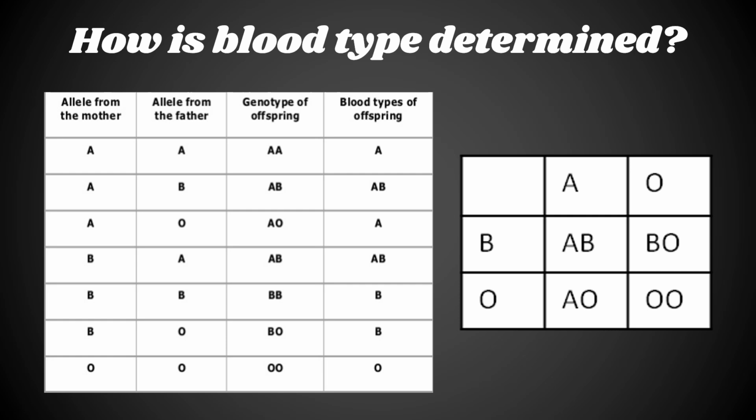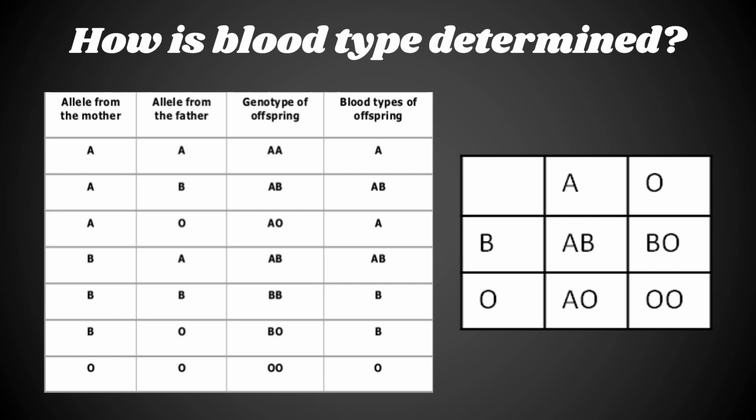Let's look at how blood type is determined. Recall that there are 4 blood types in humans: A, B, AB, and O. These blood types are the phenotypes for the blood type trait. There are 3 alleles that combine to form these 4 phenotypes. Having more than 2 alleles for a trait is called multiple alleles. The A allele is dominant to the O allele.